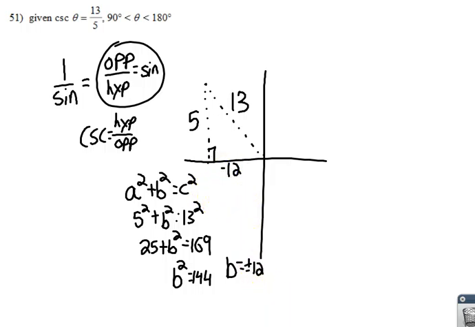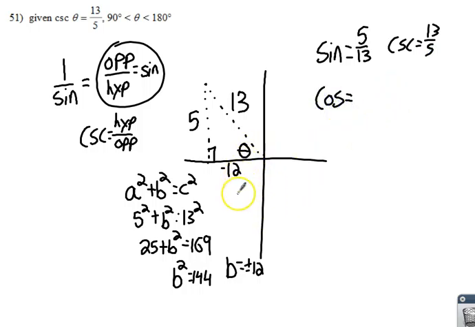So then I need to figure out, and here's my theta in the corner, the rest of my 6 trig functions. Well, first off, you ought to know what sine is. If they give you cosecant, you automatically know what sine is. You're given the cosecant already. Cosine is adjacent over hypotenuse, negative 12 over 13.